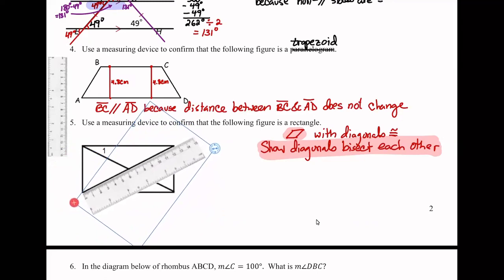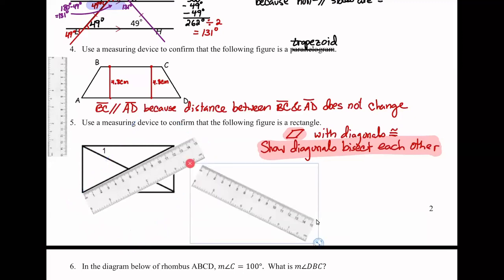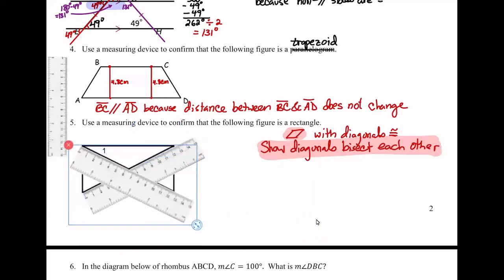So it's about the same, because I'm maintaining its size. I have two rulers that show a length of 12.5 centimeters. So each diagonal, and you know what?